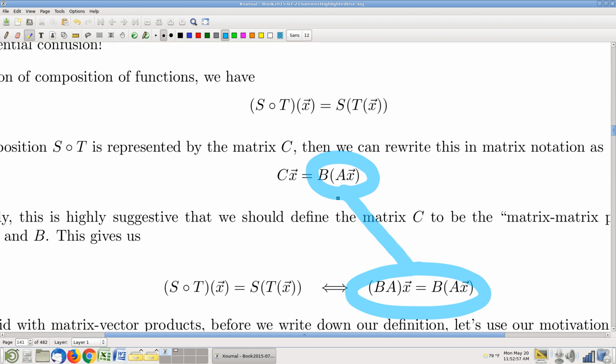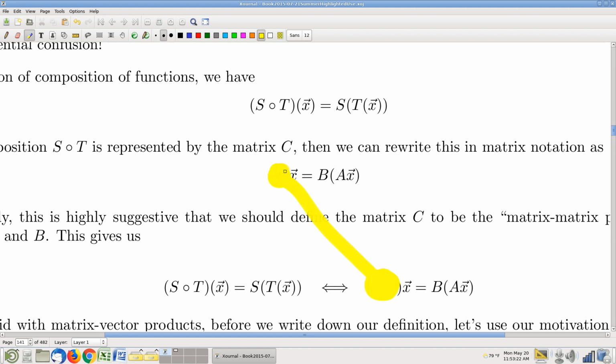If we would like to define operations that allow us to do reasonable algebra, associativity is really convenient. More to the point, not being able to apply associativity would be crippling. Well, then it just kind of has to be, unavoidably, that the matrix product B times A has to be the matrix that represents the composition of two linear transformations, S and T. So, again, circumstance kind of foists this upon us.